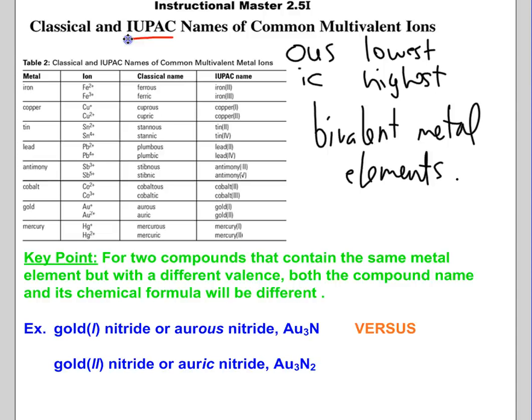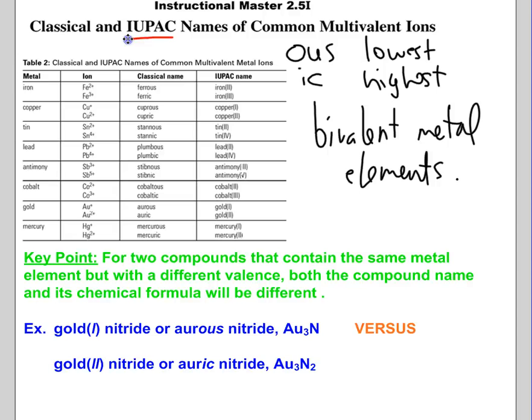Okay, so a key point here for two compounds that contain the same metal element, but with a different valence, both the compound name and its chemical formula will be different. For example, Au3N and Au3N2 are both possible compounds containing gold and nitrogen, and one would be named gold 1 nitride, and the other one would be named gold 2 nitride.